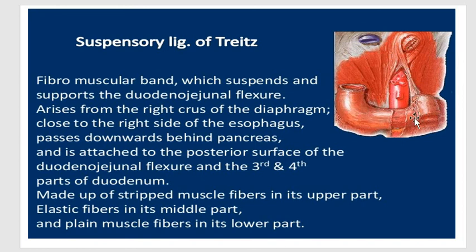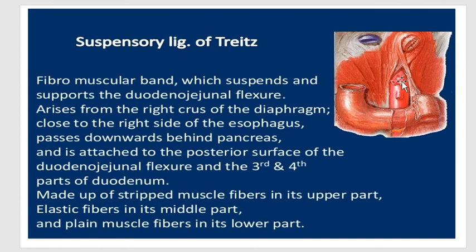It is attached to the upper margin or posterior surface of the duodenojejunal flexure, at the junction of the third and fourth parts of the duodenum. This is the suspensory ligament of Treitz. In its upper part there are striped muscle fibers, in the middle part elastic fibers, and in the lower part plain muscle fibers. This is the composition of the ligament of Treitz.